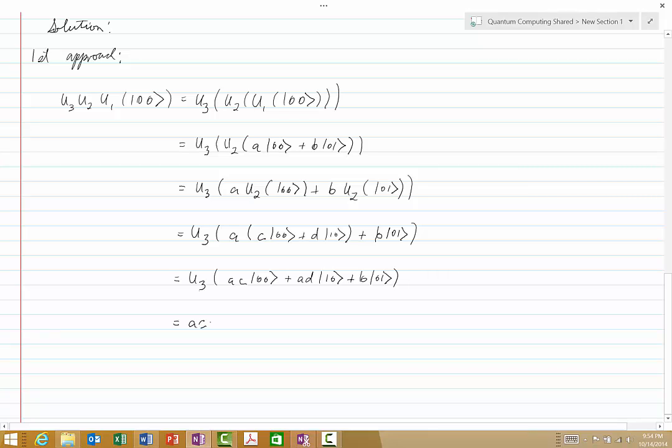We have AC times U3 of 0, 0 plus AD times U3 of 1, 0 plus B times U3 of 0, 1.